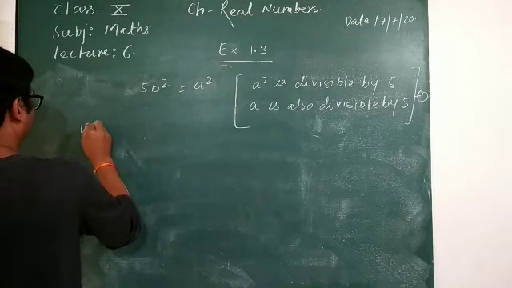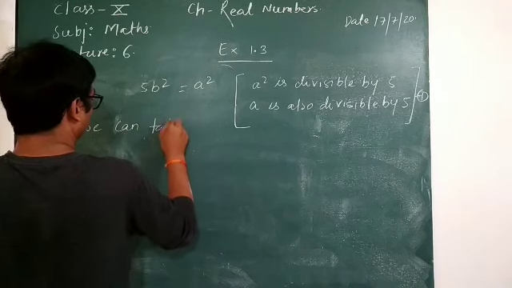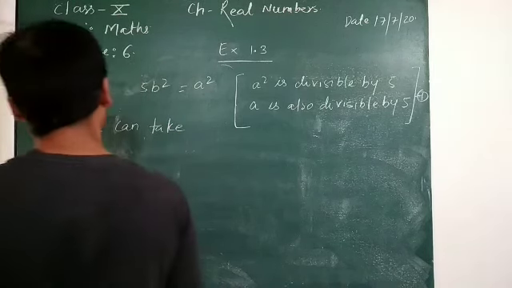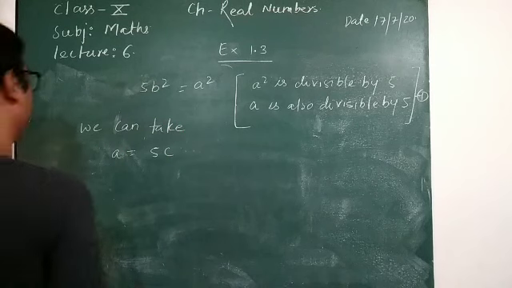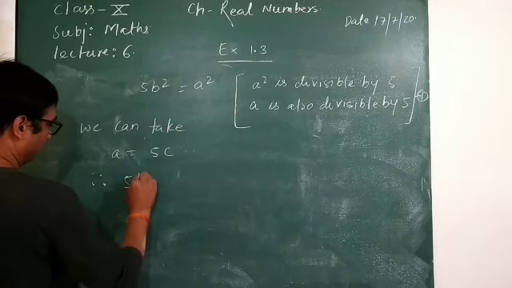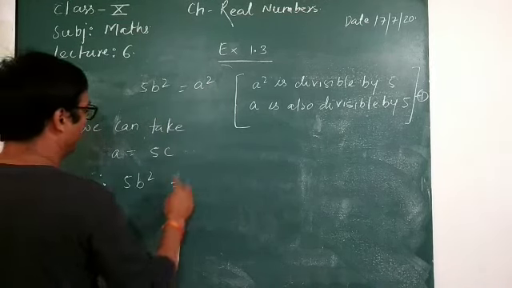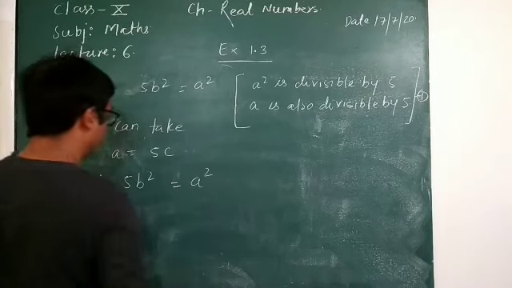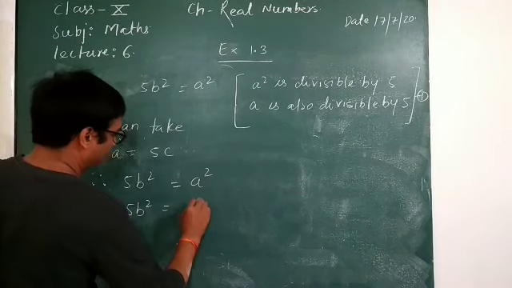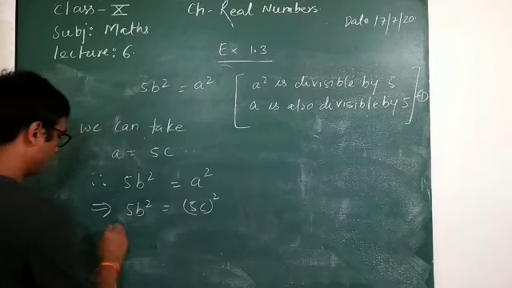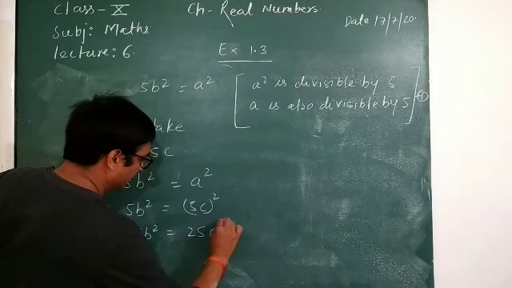Now we can take a is equal to 5c. So we can write 5b square is equal to a square, and in place of a square we take 25c square. So 5b square is equal to 25c square.